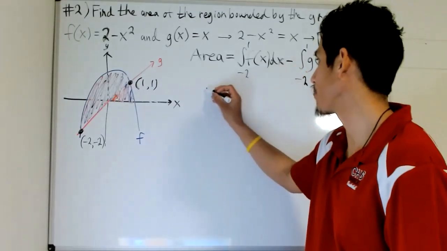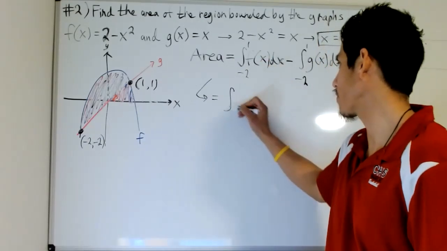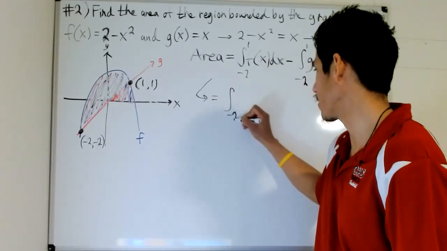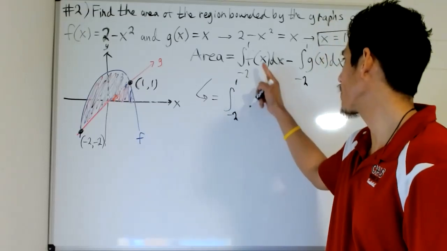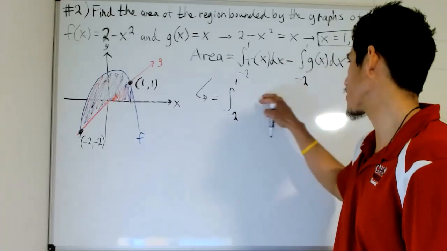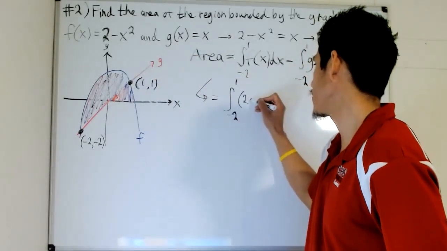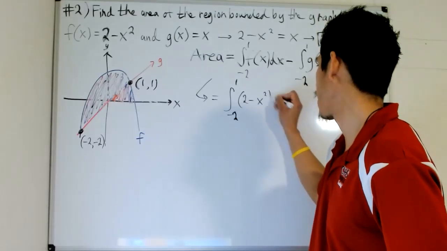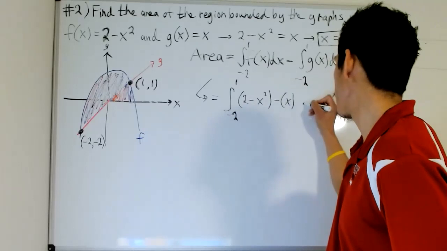So the area would be equal to the integral from -2 to 1 of f of x minus g of x. Let's go ahead and write the equation. It'll be 2 minus x squared minus g of x, or minus x, dx.